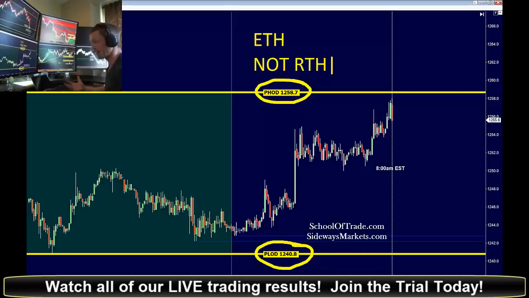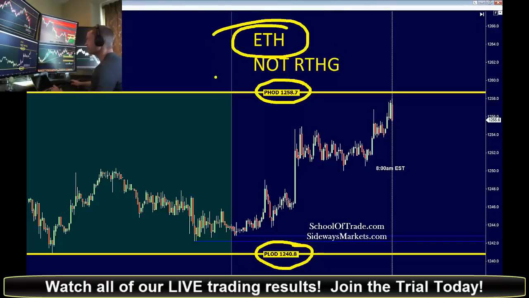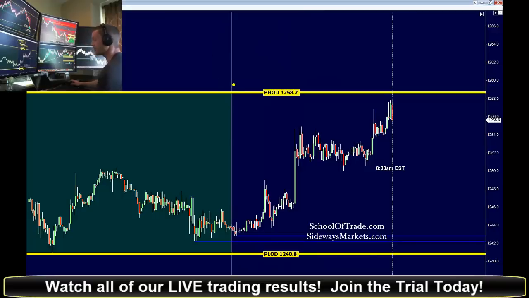The regular trading hours on gold are 8:20 to 2 o'clock, when the pits open for gold futures. I'm going to be using the ETH, the electronic trading hours. It's open about 23 hours and 15 minutes, so it's basically 12 a.m. to 12 a.m., with about 45 minutes when electronically it's closed.